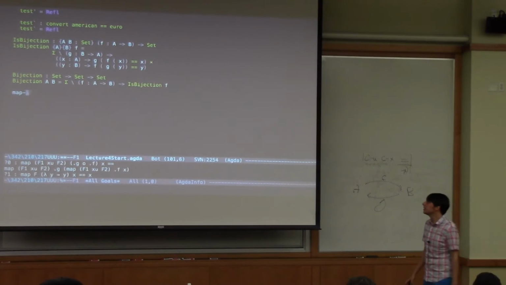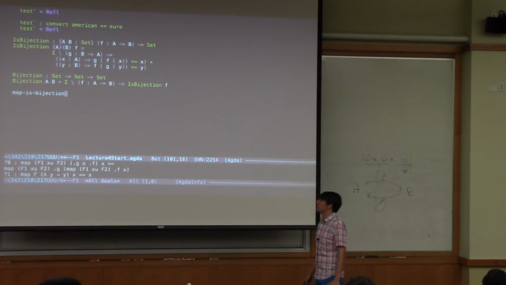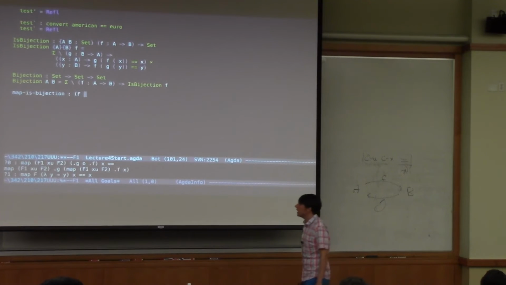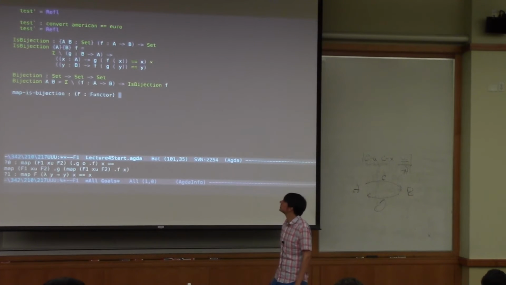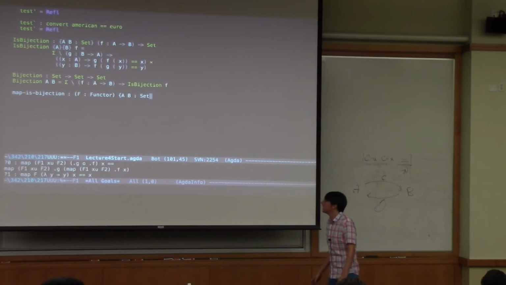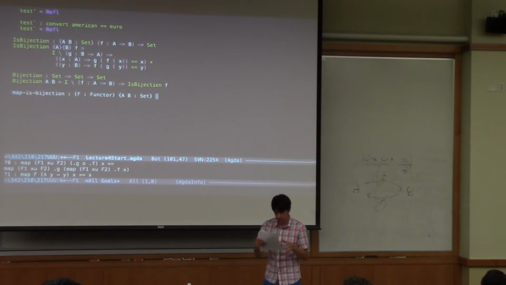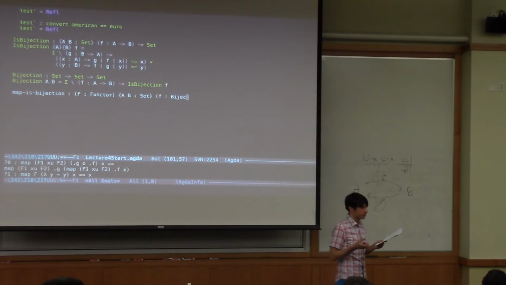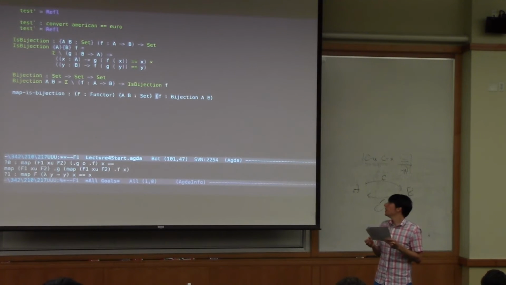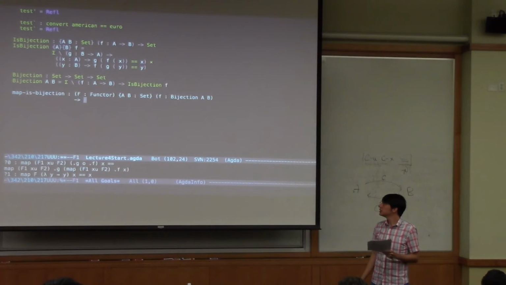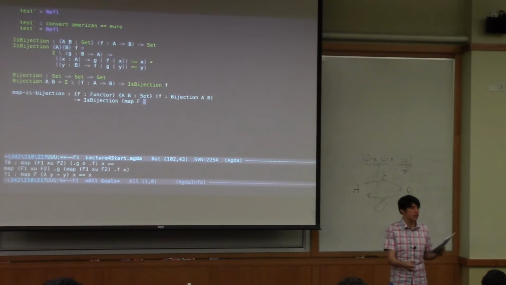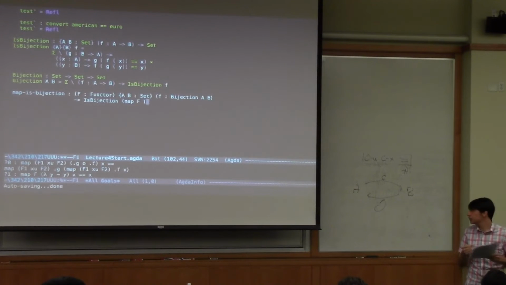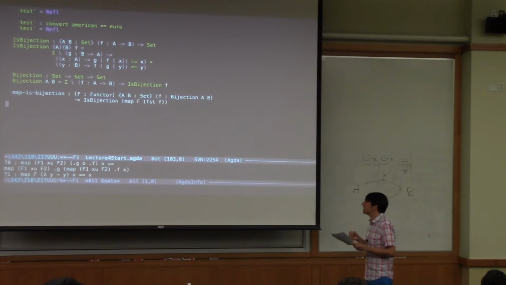So let's call it map is bijection, and what that will say is that whenever you have a functor f, and you have two types A and B, if you're given a bijection f, then when I map f on, so I take my functor, I apply it to first of f, then that is a bijection.